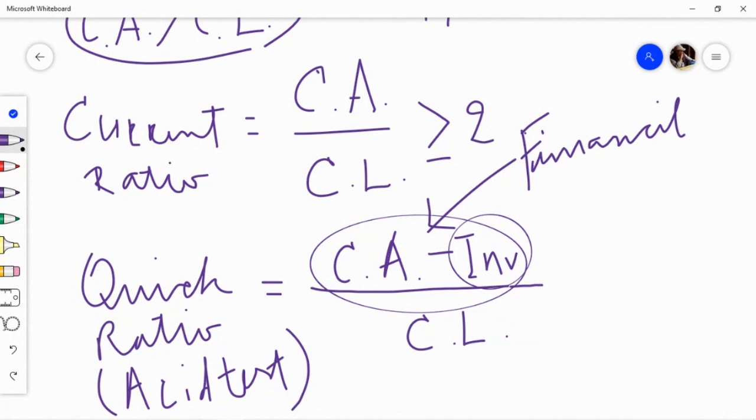Hence, quick ratio or asset test. And the bottom line for this number is 1. It can be equal to, but it must be greater than 1. That way, after making those payments, meeting those obligations, it can take 1 month to liquidate the inventory, but you will have working capital, right?